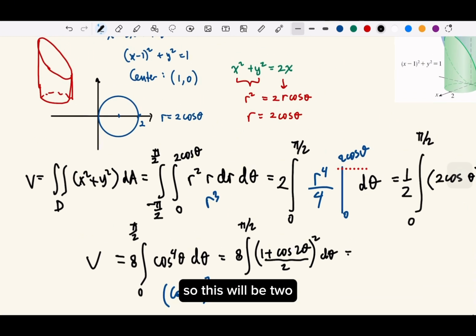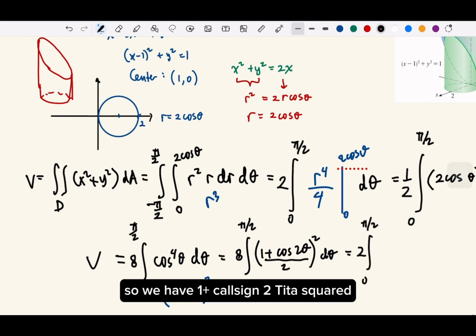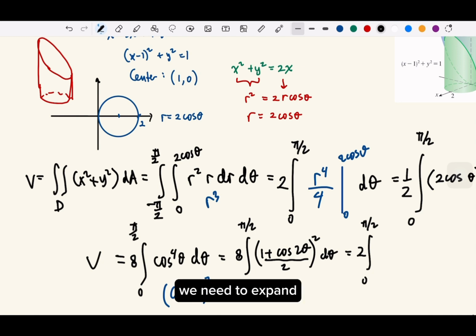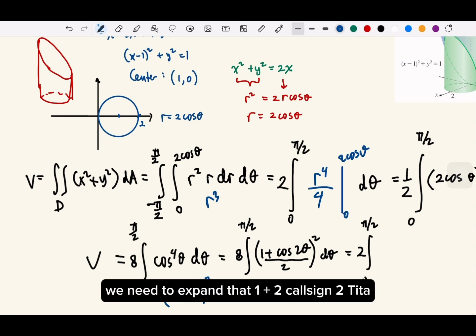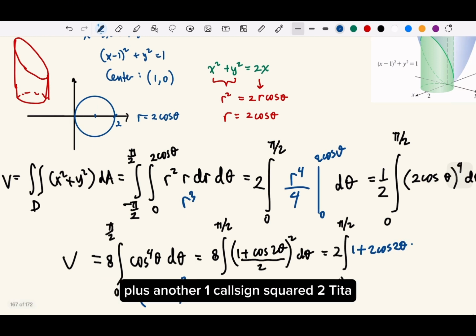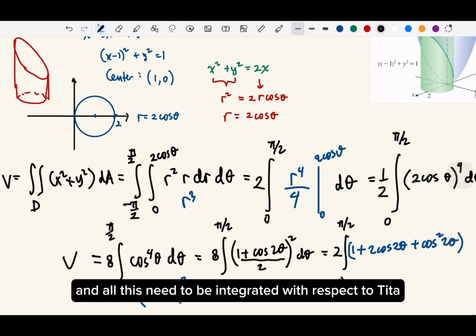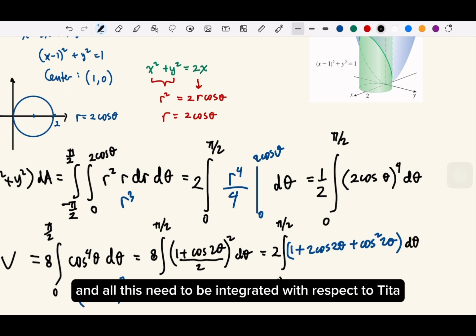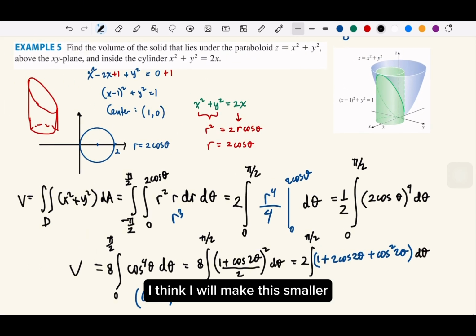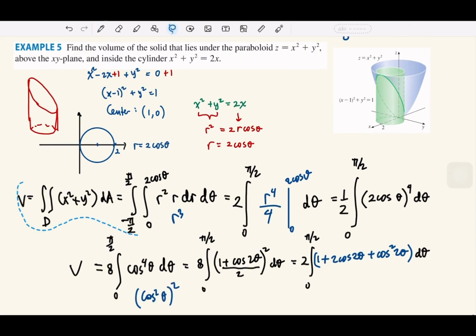So we have 1 plus cosine 2 theta squared. Unfortunately, we need to expand that: 1 plus 2 cosine 2 theta plus cosine squared 2 theta. And all this needs to be integrated with respect to theta.